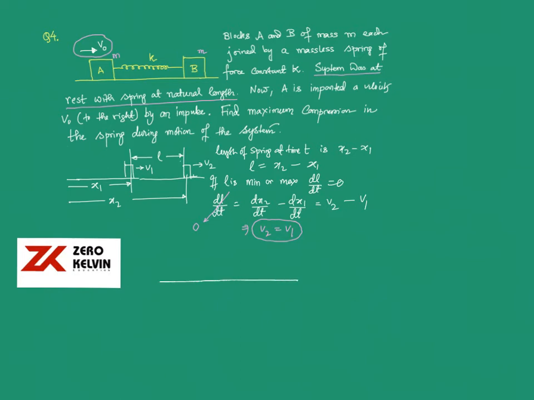So this is the initial state which is drawn. I'll draw the initial state and the final state side by side. Initial state: spring is at its natural length, this has speed v0, this has speed 0. Final state: the spring at maximum compression.